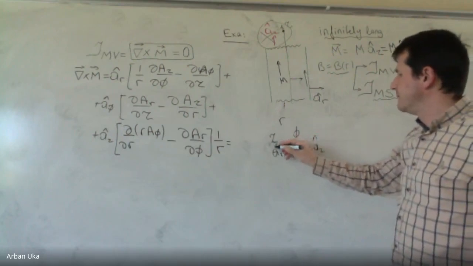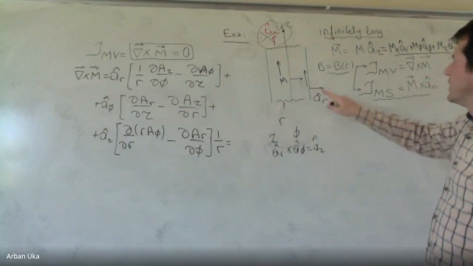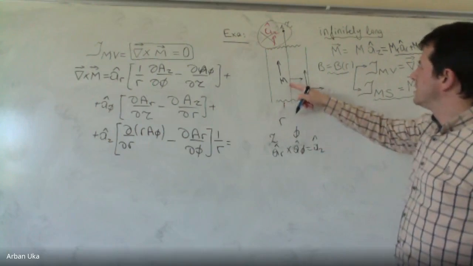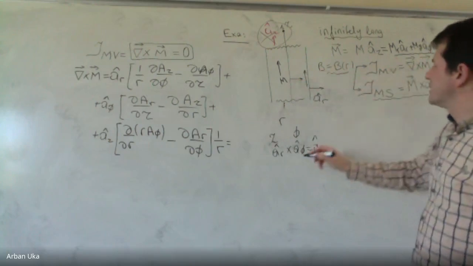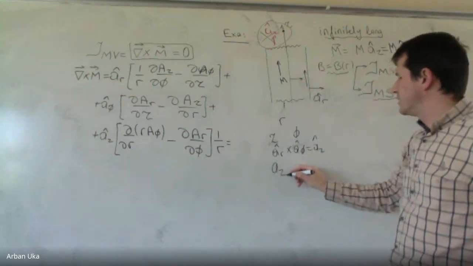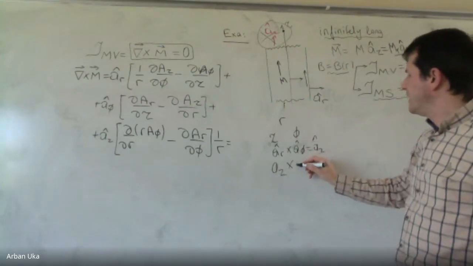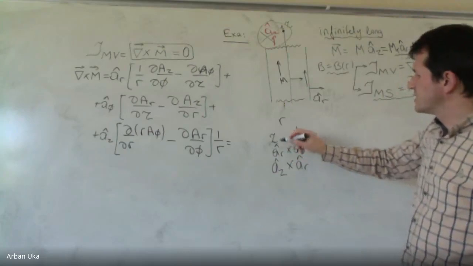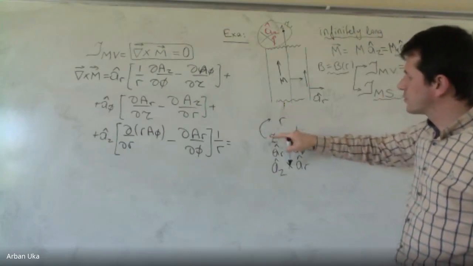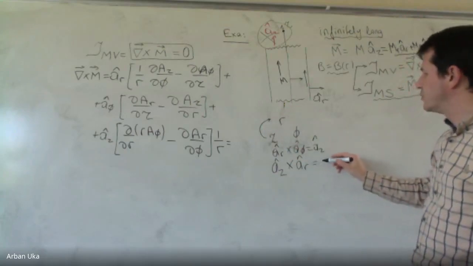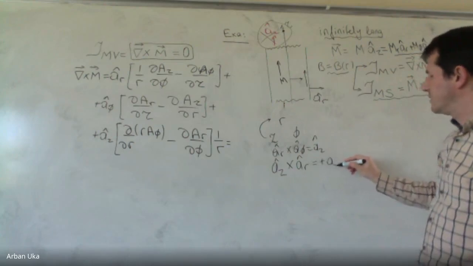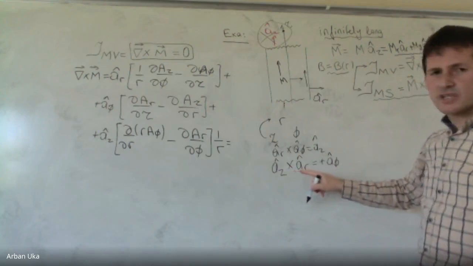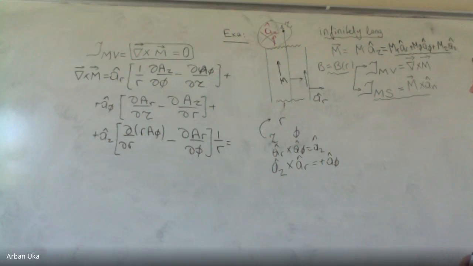Okay? And then let's see what we have. Here we have that M is AZ. So here we have AZ cross AR. This is the J. Okay, what is this AZ cross AR? We are going clockwise, which means that this is going to be plus A phi. Okay, so this is just regarding the direction of the current density.